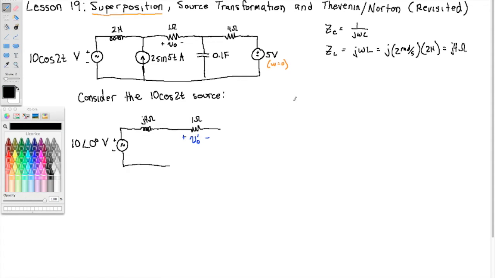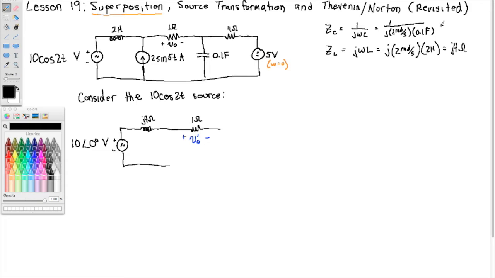Now the capacitor, 1 over j omega c, so this is 1 over j times, again, 2 radians per second times 0.1 farads. So this is 1 over 0.2, right? So 1 over 0.2 is 2 tenths, excuse me, 2 tenths or 1/5, so 1 over 1/5 is 5.